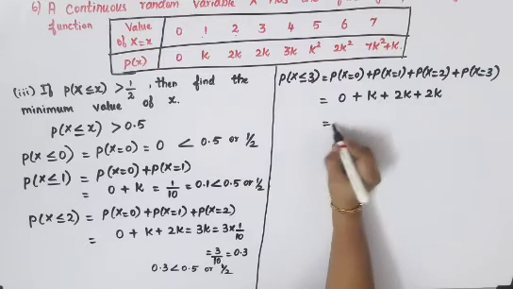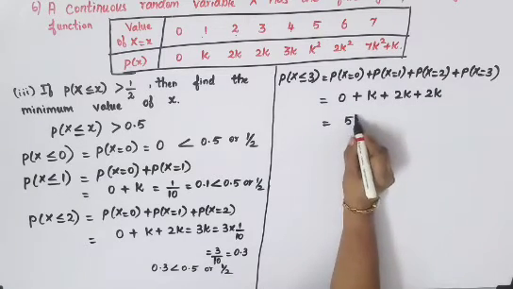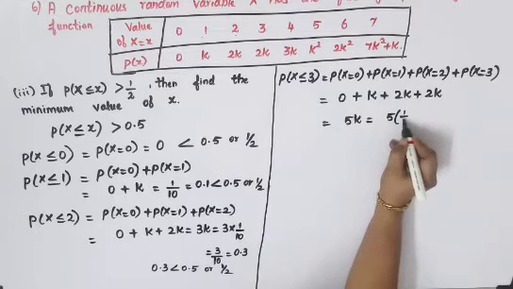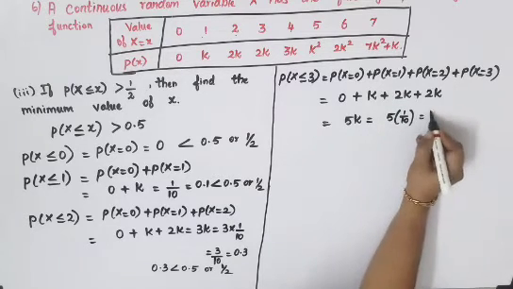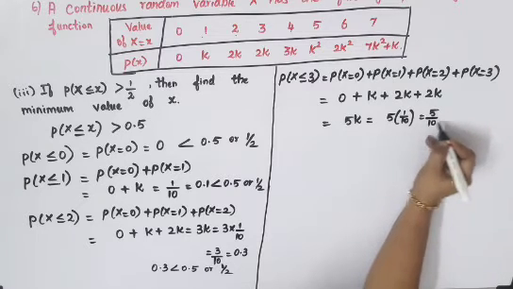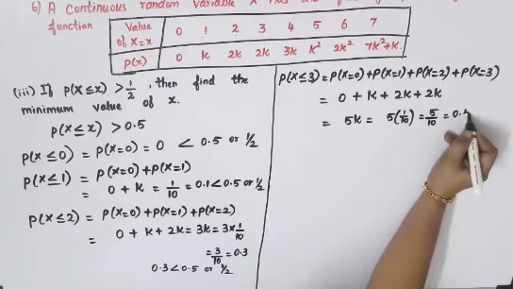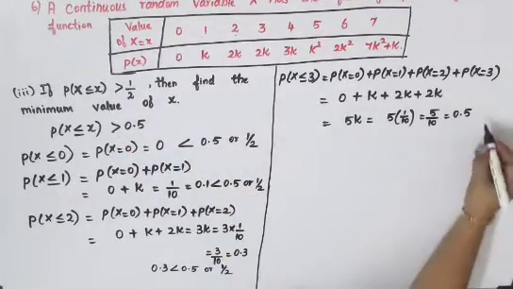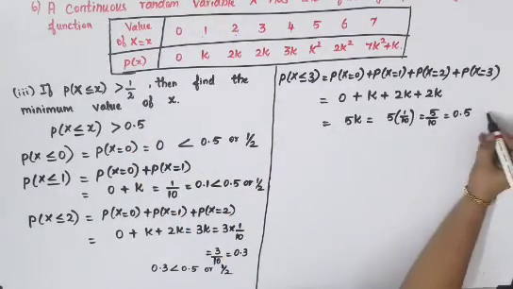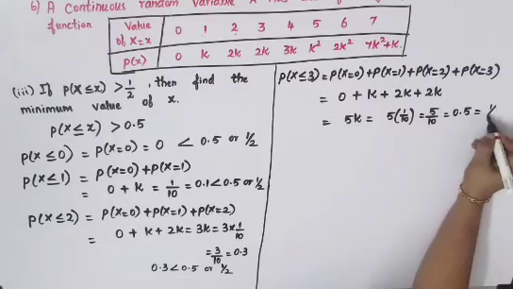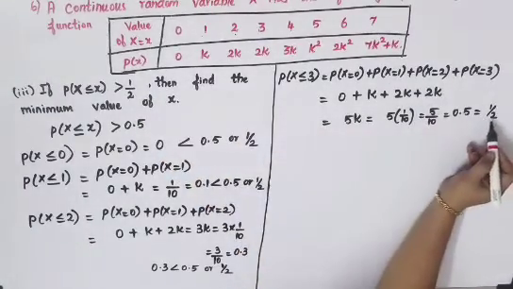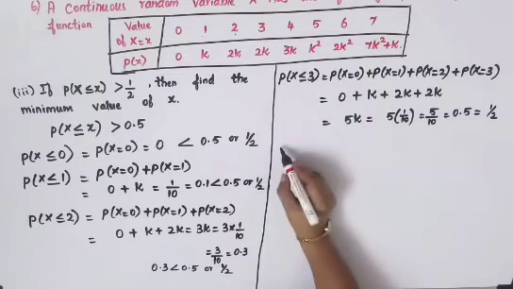So adding, you will get 5k. So k is 1 by 10, so 5 into 1 by 10 you will get as 5 by 10, that is equal to 0.5. But we need it to be greater than 0.5. Okay, we have got only 0.5, which is equal to 1 by 2. But we need greater than only. Till equal to we have got it. So one more value we will have to proceed.